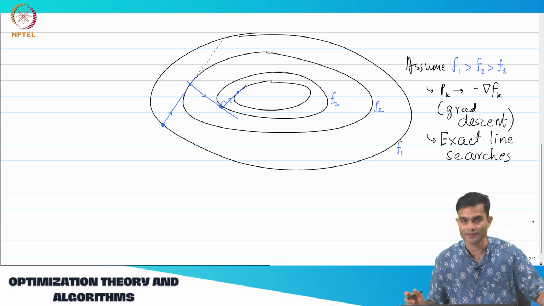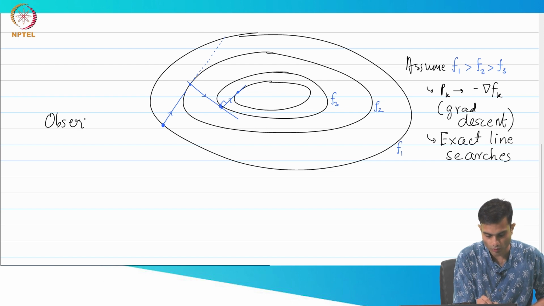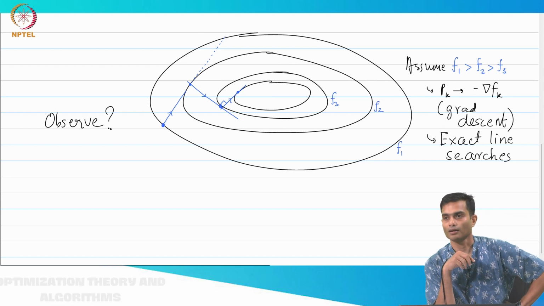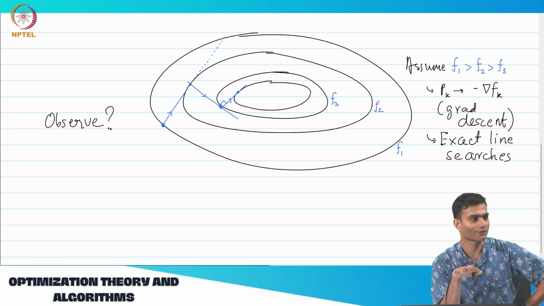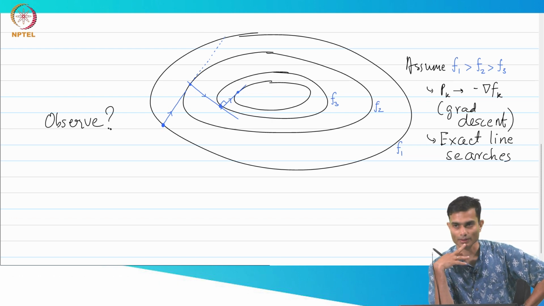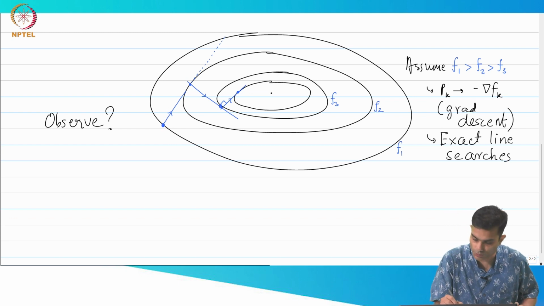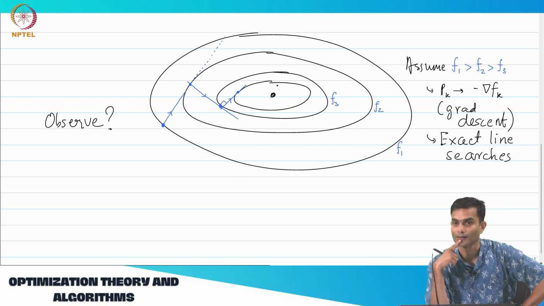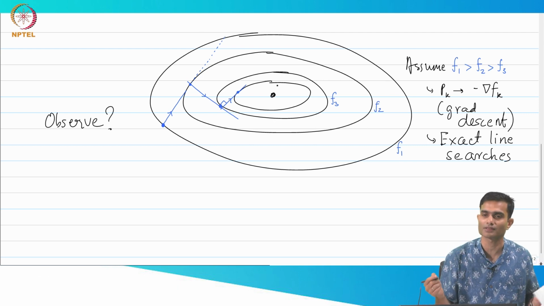So what are the observations that you, let's note that down, it's quite important over here. What do we observe? Looking at this, assuming you're following my drawing, what are the kind of key observations that you can make? So the true solution was sitting over here at the center, right. So what can you say about the trajectory? Is it a straight line or zigzag? It's a zigzag trajectory. In general, it's a zigzag trajectory.